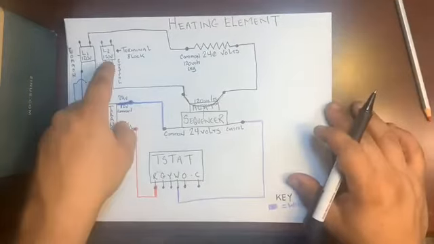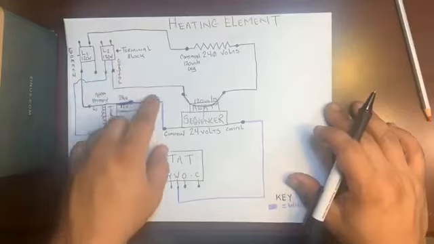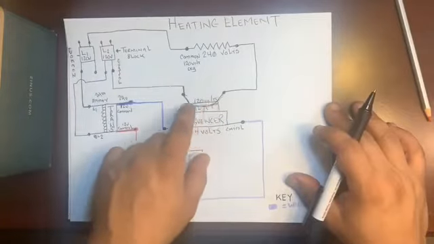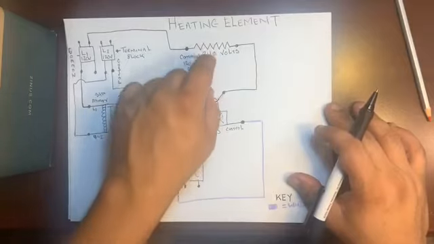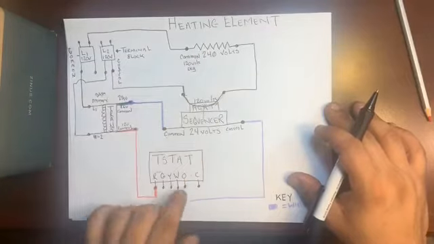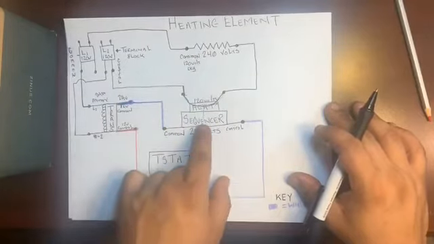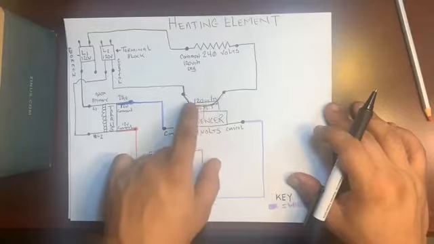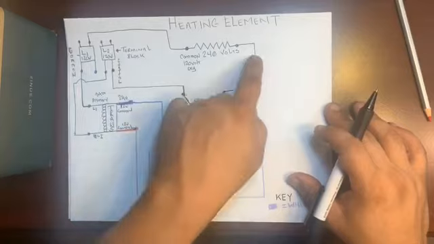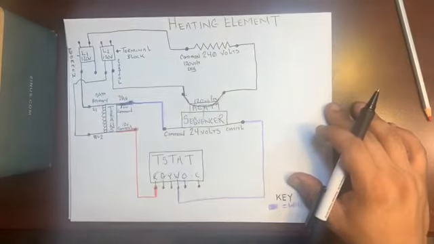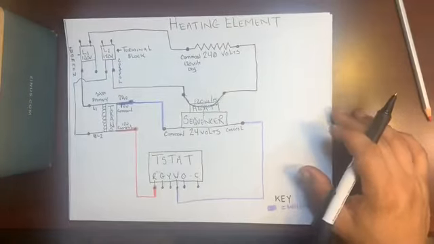We bring 120 on L2 control through the heat sequencer, the high voltage part, to the other side of the element. This way we can turn on the element when the sequencer gets its 24 volts, raises the bimetal, closes the circuit, and then the other 120 volts can flow through. And now this heat element is on and it's heating the house.